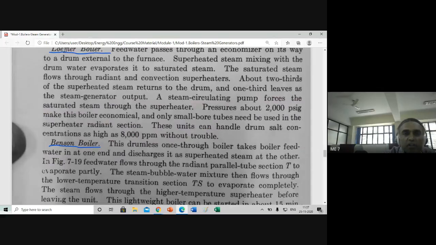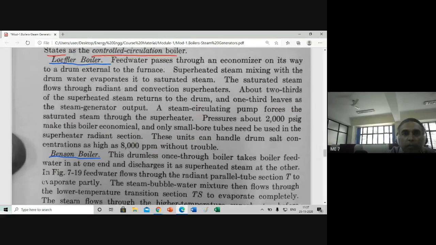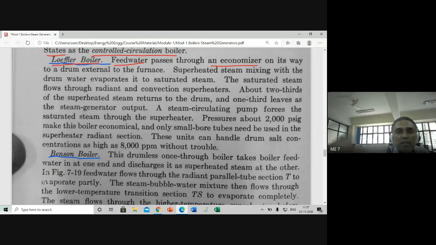Coming to the La Mont... the Loeffler boiler. Feed water passes through the economizer on its way to a drum external to the steam generator. Superheated steam mixing with the drum water evaporates it to saturated steam. Here, about two-thirds of the superheated steam returns to the drum, and one-third leaves as the steam generator output.